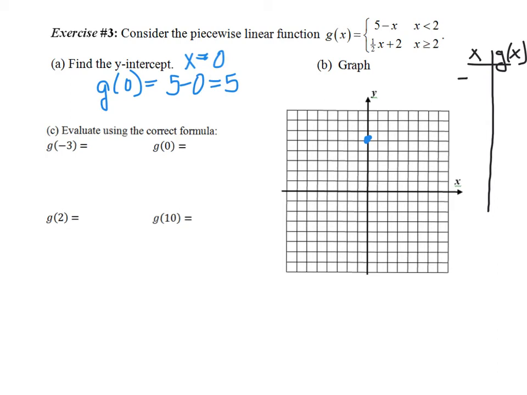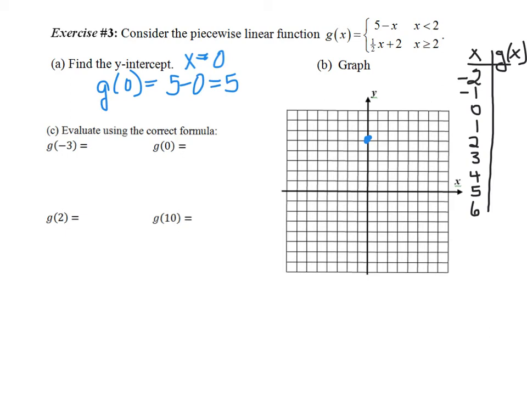So I'm going to start with something like negative 2 and go all the way to the number 2, where I'm going to change definition, and then I'm going to get 3, 4, maybe 5 and 6 to get a few points after where it changes to the second part of the definition.